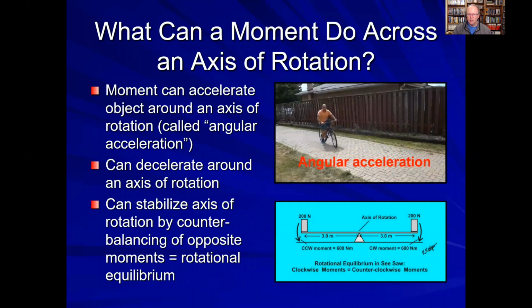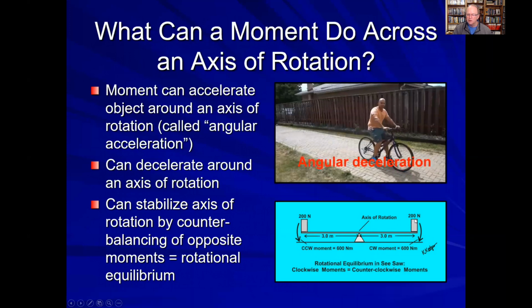We can also have the axis of rotation stabilized, just as in the other example of the object sitting on the table for forces, in that we have equal and opposite moments acting on either side of an axis of rotation. This can cause stability. So here we have 200 newtons acting over a 3-meter distance, causing a 600 Newton meter counterclockwise moment on the left-hand side of the seesaw.